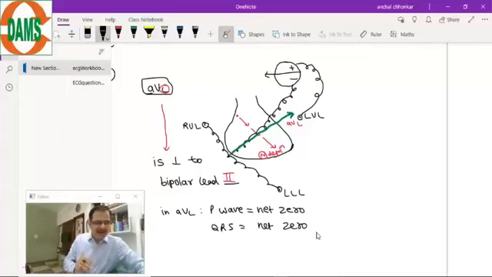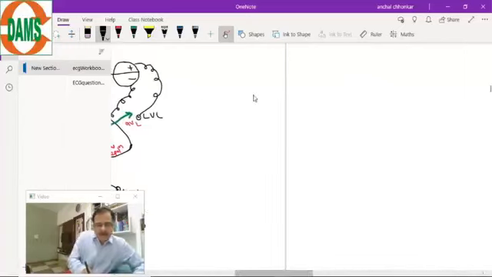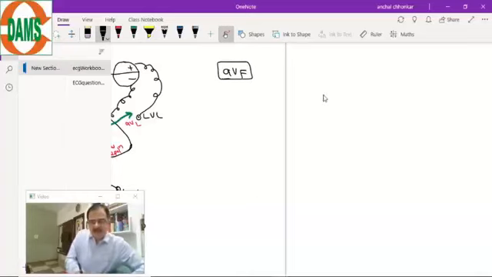Now, finally, the unipolar lead AVF. So this is the diagram of AVF.